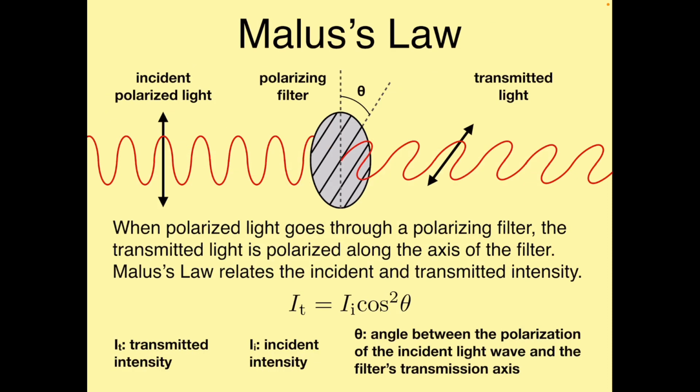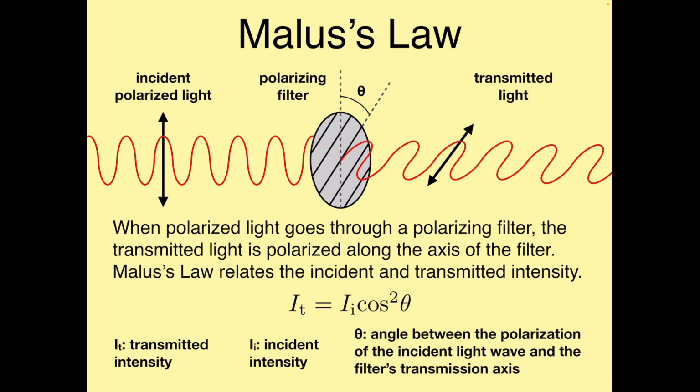And so that takes us to Malus's law. Malus's law tells us what happens when we have a polarized light wave going through a polarizing filter. So a little bit of terminology. The light wave that's coming in is called the incident light wave. The light wave that comes out of the filter is the transmitted light wave.